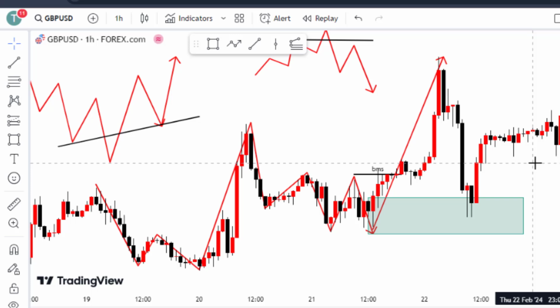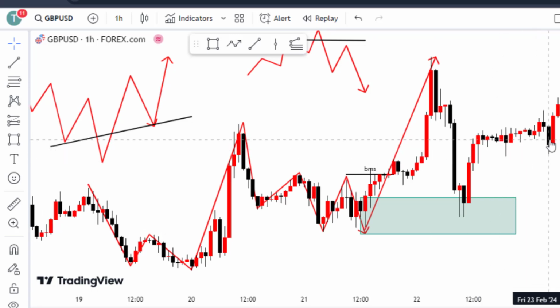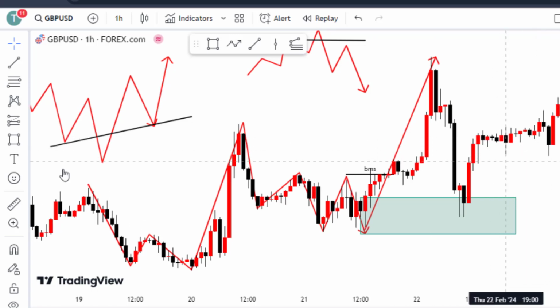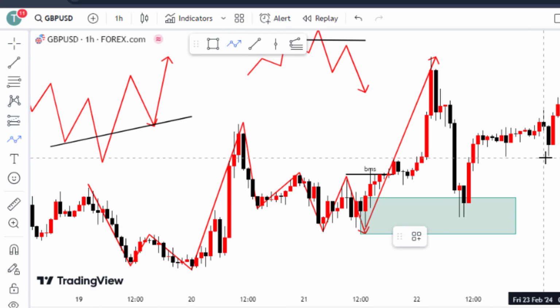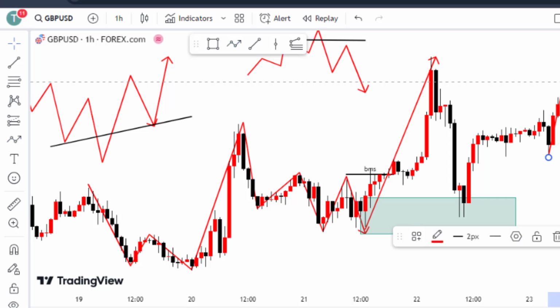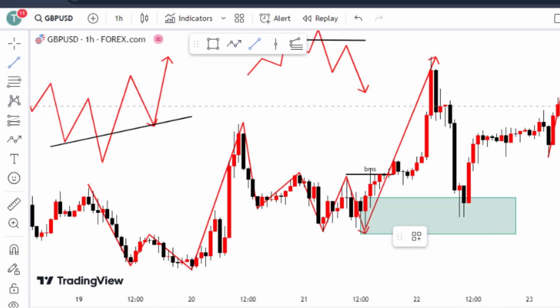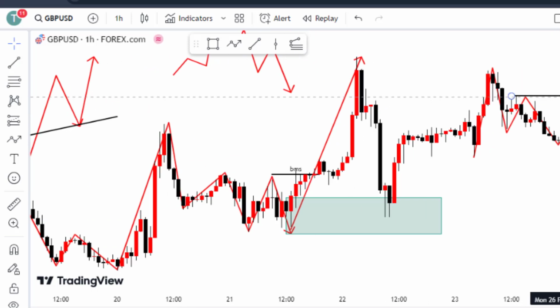Let's keep on going. Price was busy creating a series of short-term lows in the market. Let's see. Are you seeing it? This is also an intermittent low in the market.